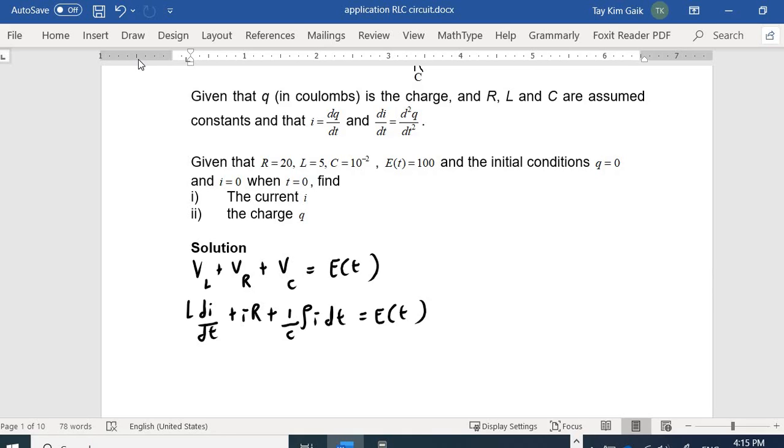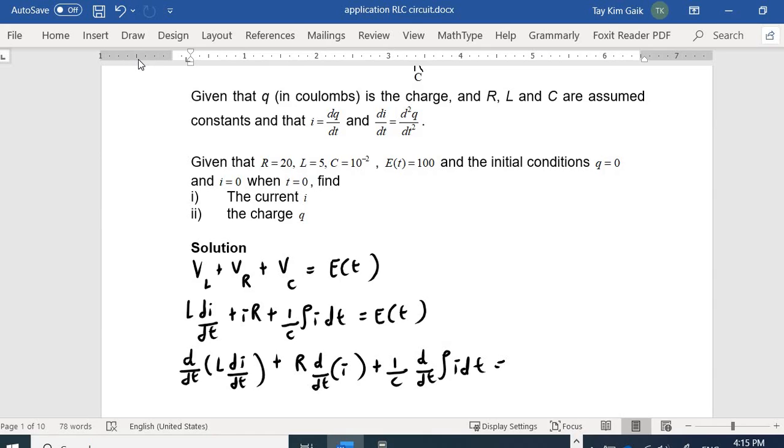To eliminate the integral, we take d/dt on both sides. L dI/dt plus R, which is a constant, you can factor out, and then d/dt of I, plus 1 over C d/dt of integral I dt, equal to d/dt of E(t).